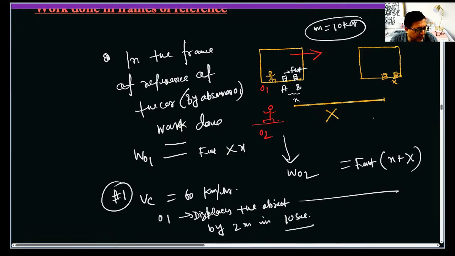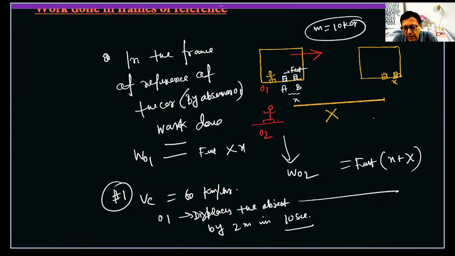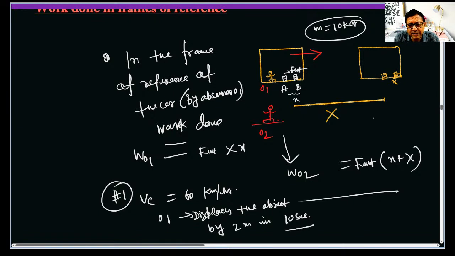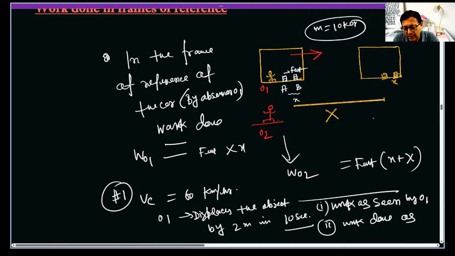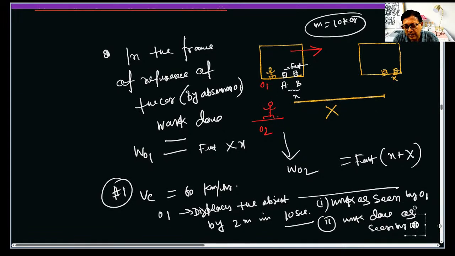Find the work done by the passenger as seen by O1, find the work done as seen by O2.